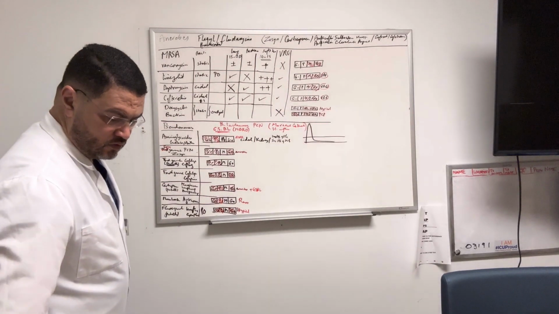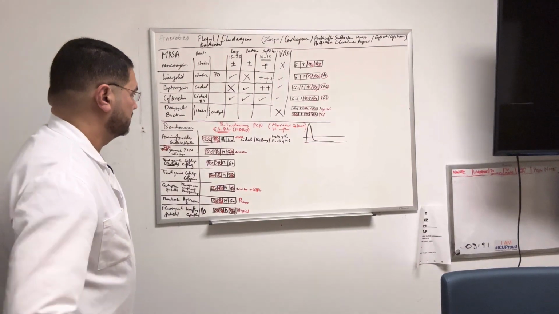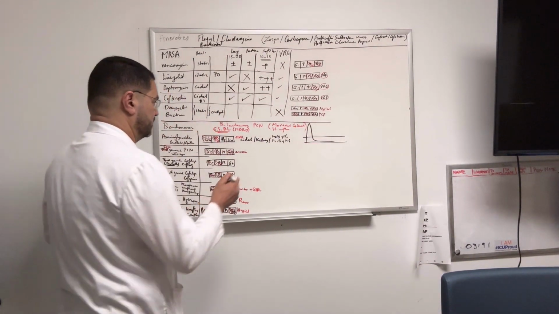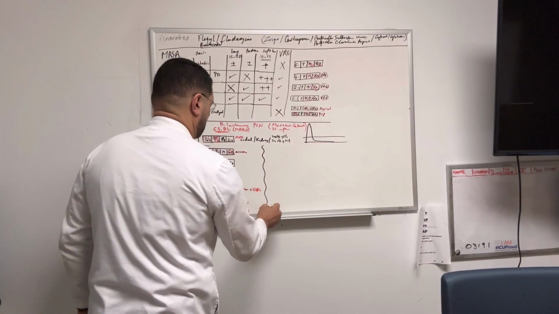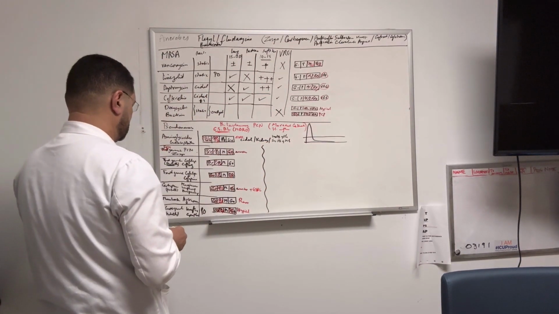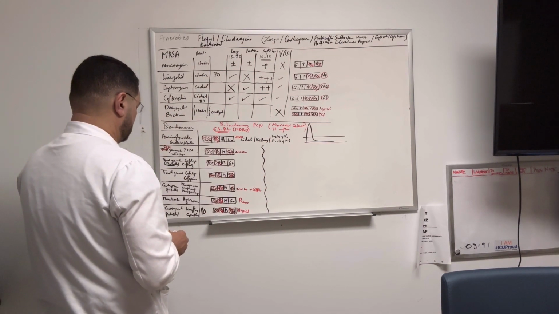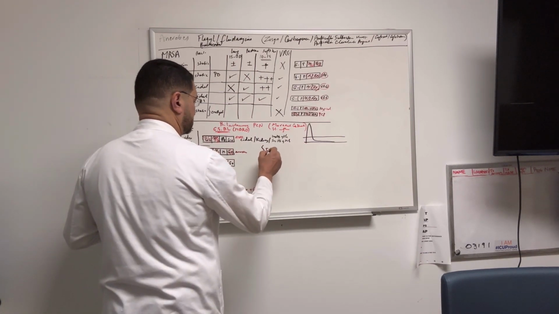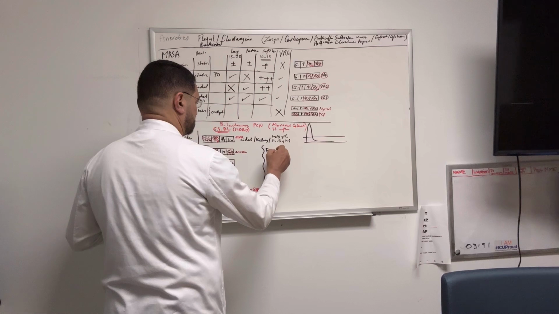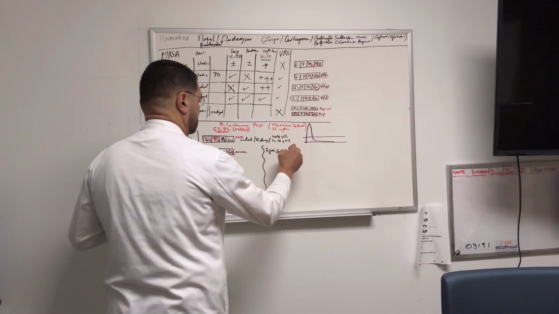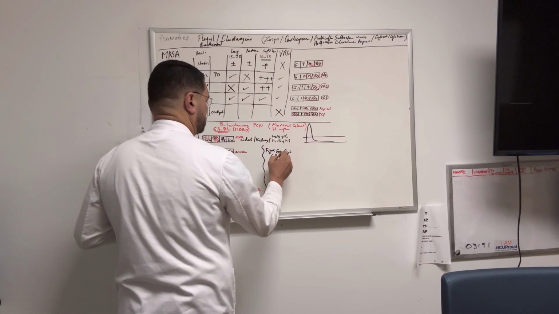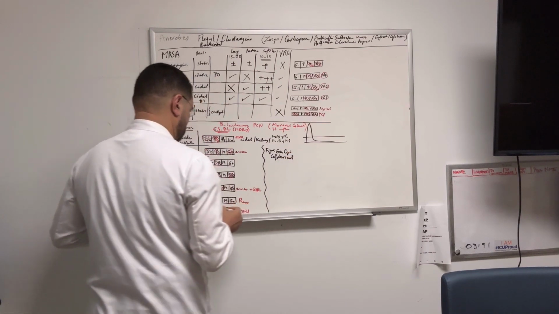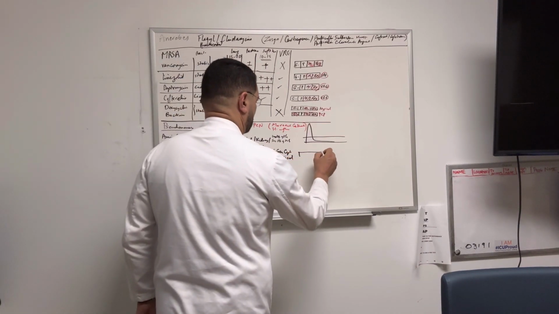Now we're gonna mention a couple of those that are rare but new, and we have to think about them. So basically, you know that we reached 4th generation cephalosporins, right? There is a 5th generation cephalosporin. It's called cefiderocol, and I'll show you what it kills.